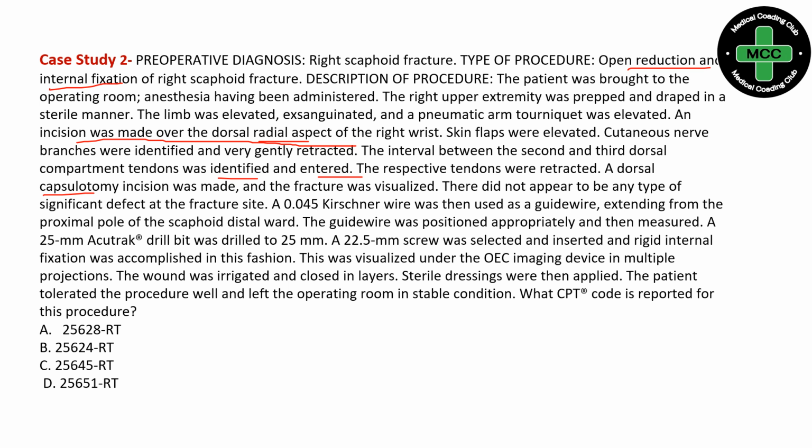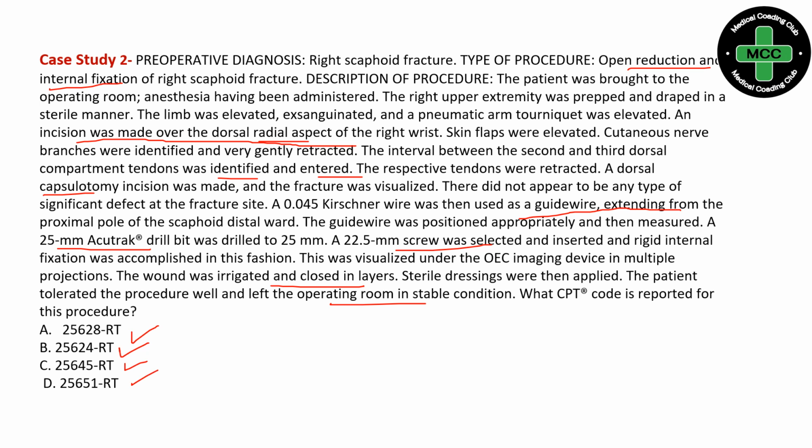It goes on, you can read the question, and a guide wire is there. There is also a confirmation about imaging guidance. All of this tells you that they did open reduction and internal fixation.